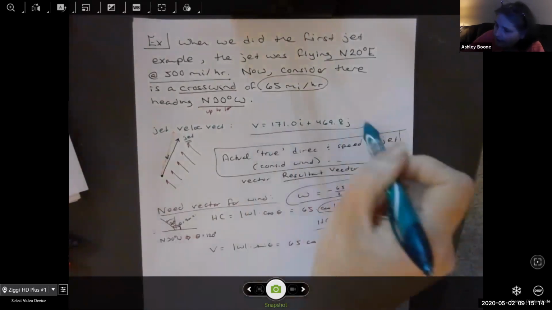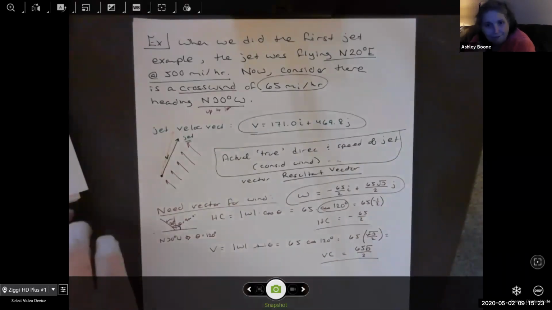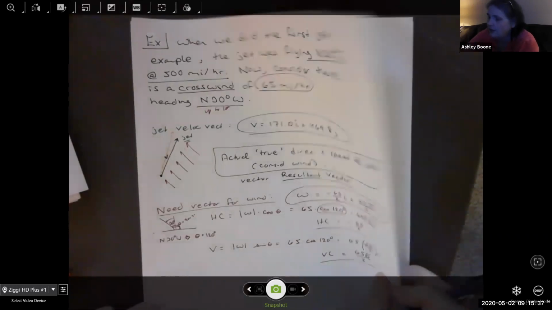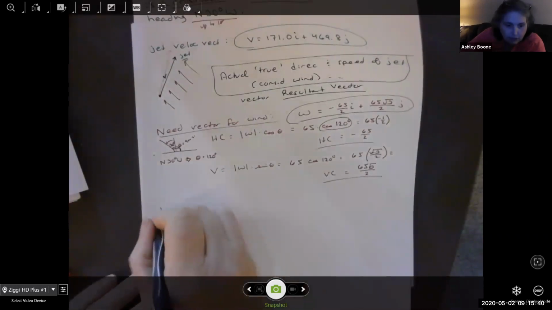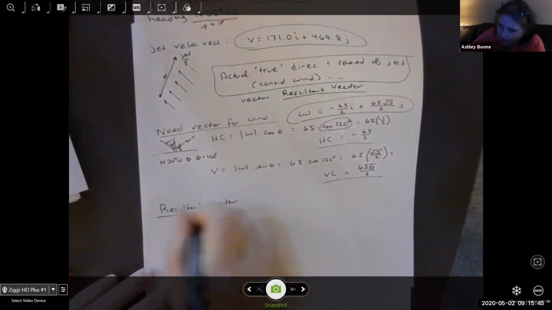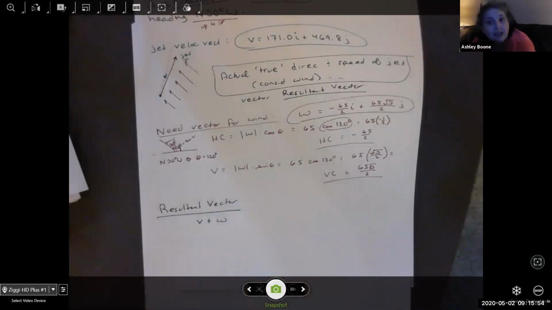Here's my velocity vector for the jet. So we have our jet and the wind, okay? The resulting vector is what happens when you add what's happening to both. You take what's happening with the jet itself, and then you factor in, you add in, what's happening with the wind. So the resultant vector is going to be what happens when you add these two vectors together.